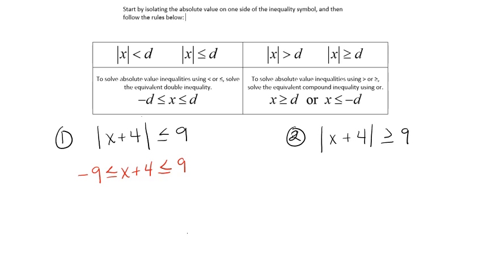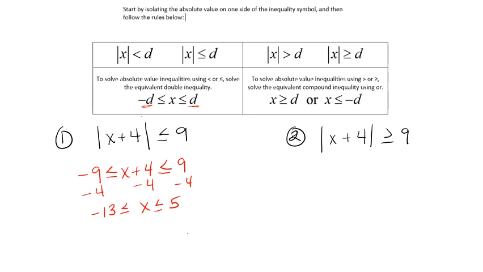So notice on the left-hand side, all I did was take that 9 and make it negative over here. So notice that in the rule. Okay, positive on the right, negative on the left. I'm going to solve this. Remember, whatever I do to the middle, I have to do to both sides. Okay, and I get negative 13 less than or equal to x less than or equal to 5.